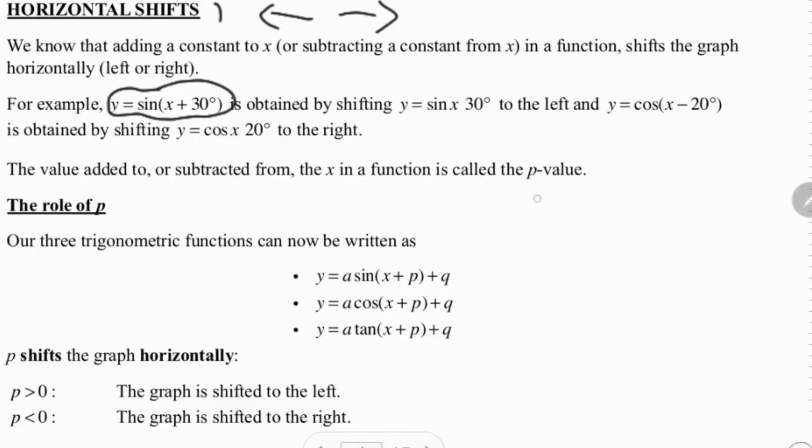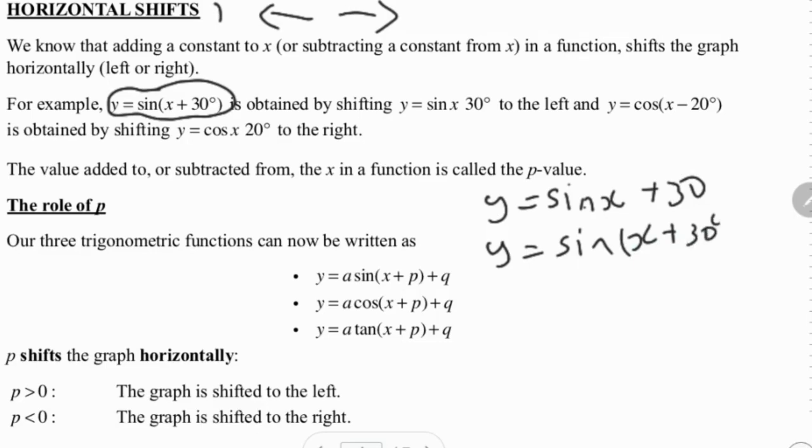There's a difference between these graphs: y equals sine of x plus 30, and y equals sine of x, plus 30. You'll see that in the first, x plus 30 are both in a bracket, so that is the whole angle.